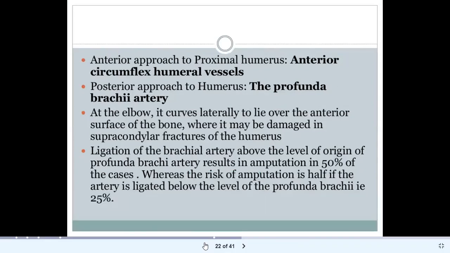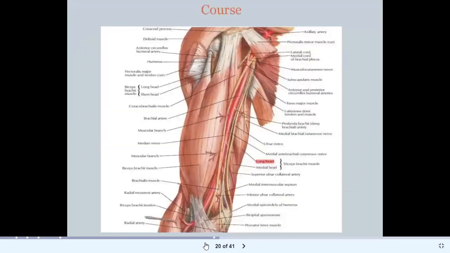Why? Because before this artery gives off the profunda brachii artery, once you block blood supply, blood cannot come down this way and cannot enter the profunda brachii artery. So this whole arm would hardly get blood supply.